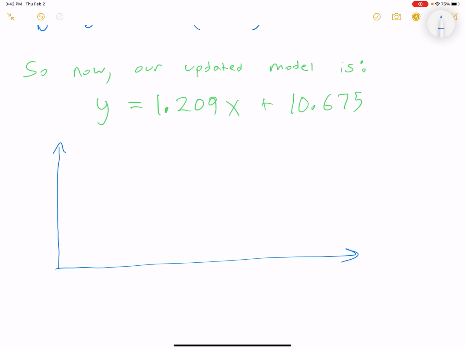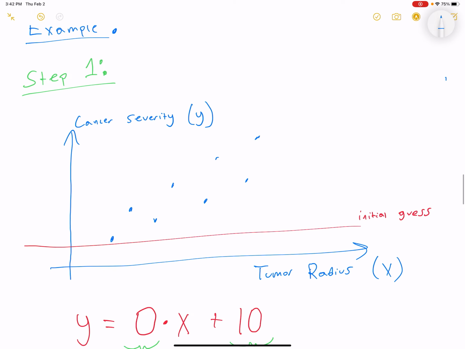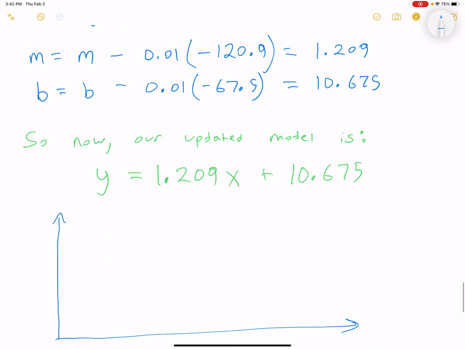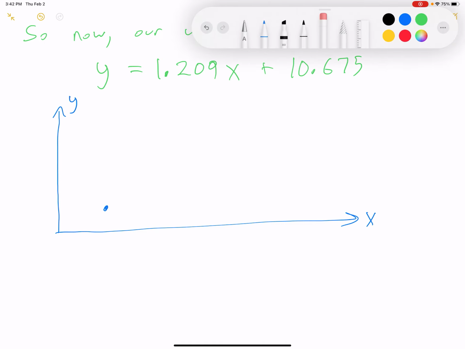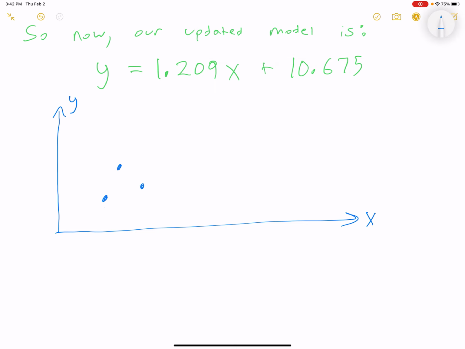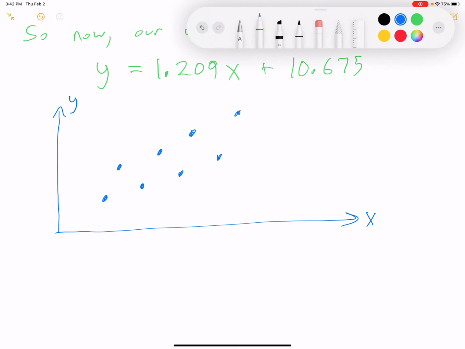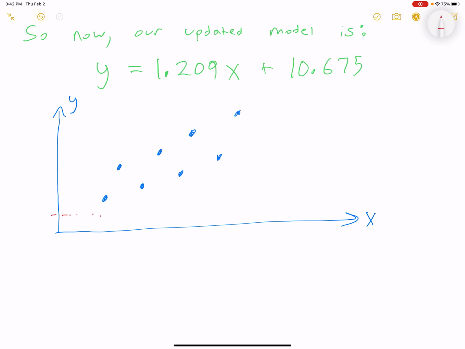going back to our original, we originally made this initial guess. So I'm just going to do my best to recreate that plot. Let me draw this a little bit higher. But 1, 2, 3, 4, 5, 6, 7, 8. We initially started here with y equals 0x plus 10.